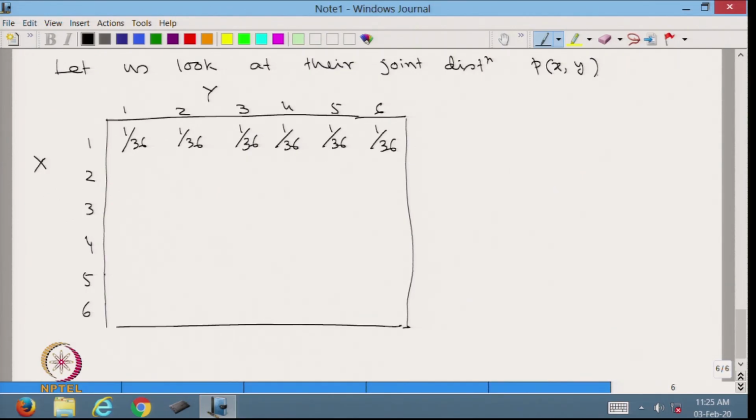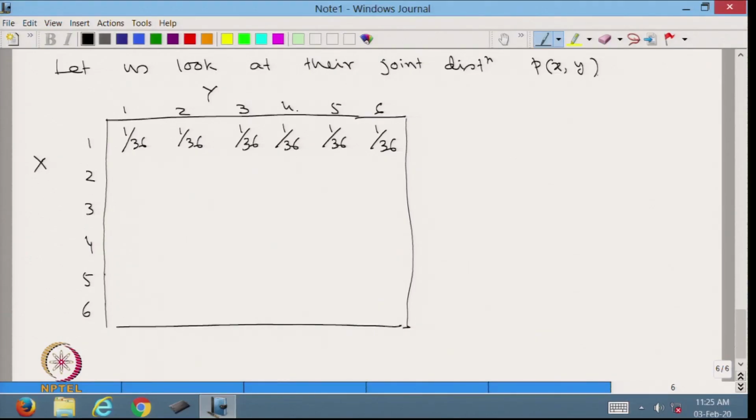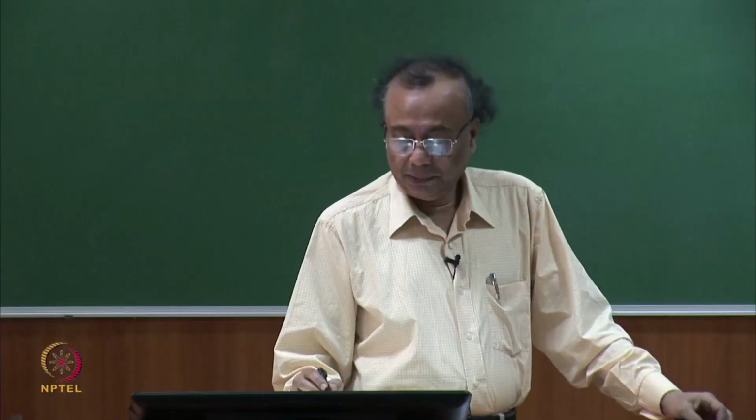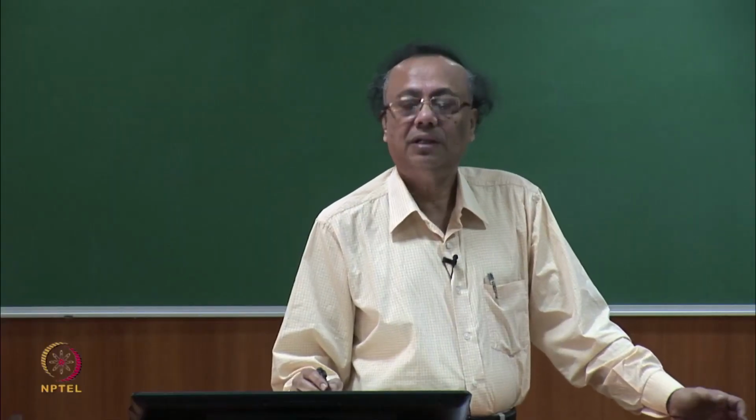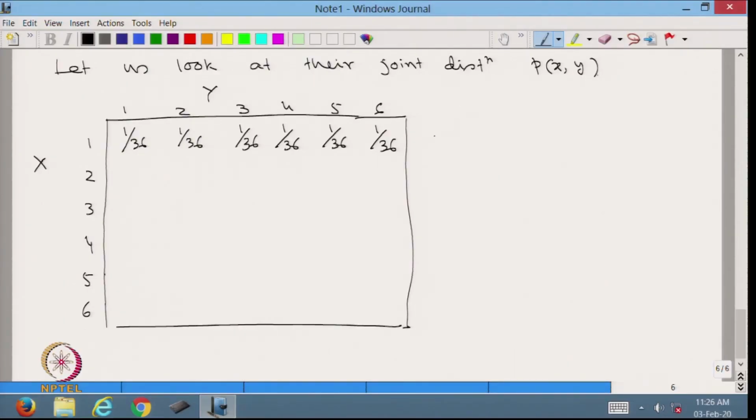This is because the probability that X is equal to 1 and Y is equal to 4 means the probability of X taking the value 1 and X1 taking the value 4. Because they are independent, it is 1 by 6 into 1 by 6, that is 1 by 36. Therefore, the marginal distribution of X is 1 by 6 for X is equal to 1.